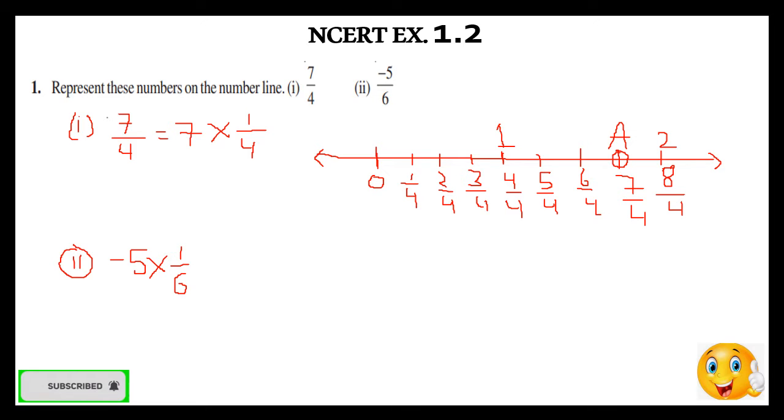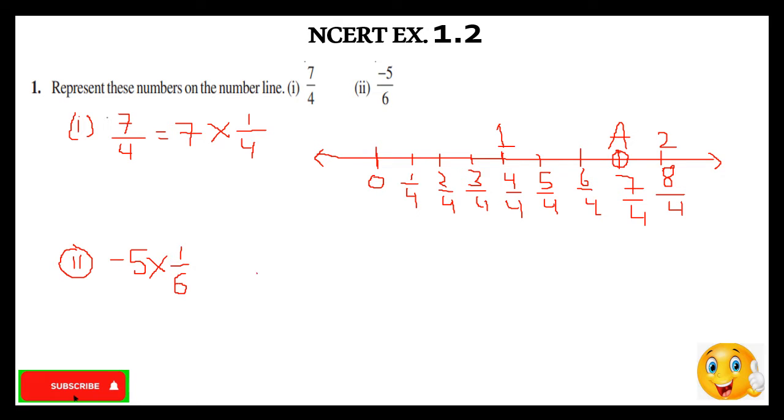You cannot compare it with 1 centimeter, 1 inch or any fixed units there. You can say that 1 unit is a fixed length on the number line. So here 1 to 6, we have to take the 6 equal parts from 0 to 1, and then we have to show 5 steps towards the left side.